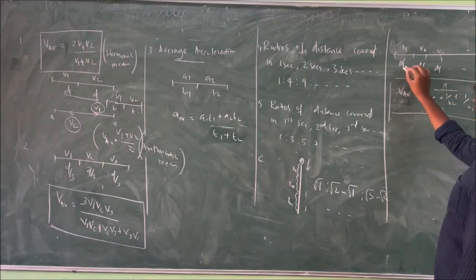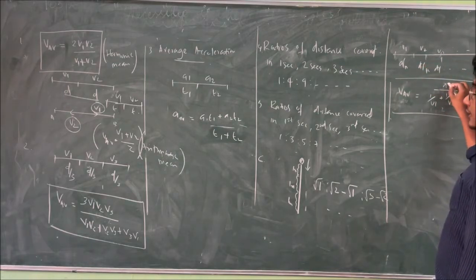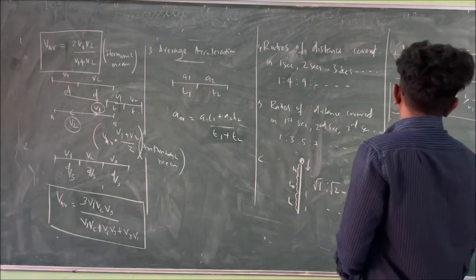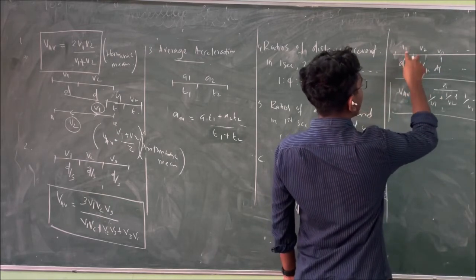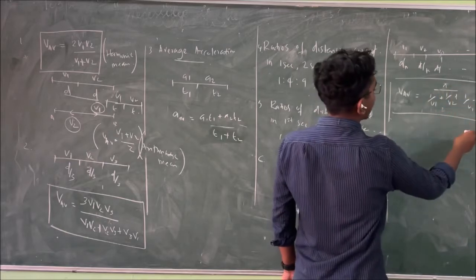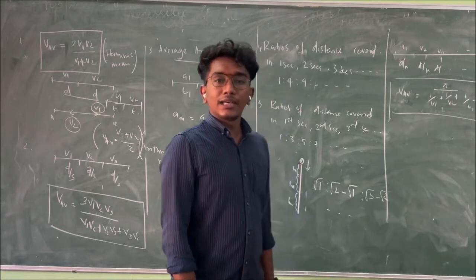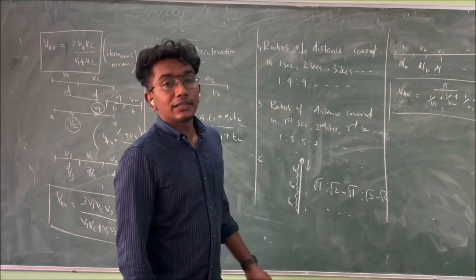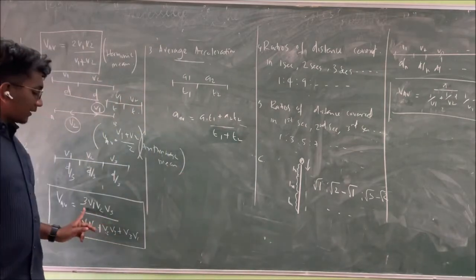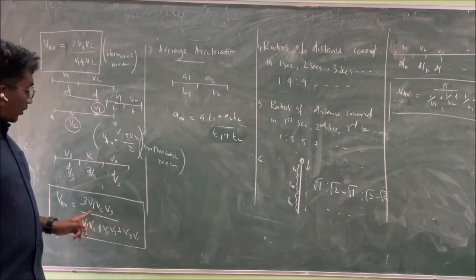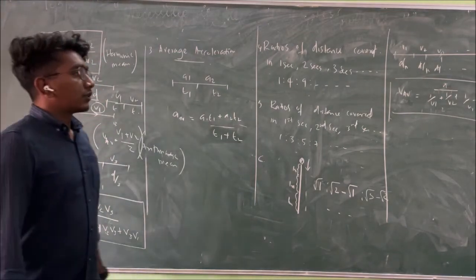Total distance is D by N plus D by N plus so on, which is D, divided by the total time, where the first is D by N divided by v1, and so on. All the D's get cancelled, leaving 1 by v1 plus 1 by v2 and so on. So I think you got the idea. Instead of N, if it was 3, then it will be 3, and for two intervals, 2 v1 v2.